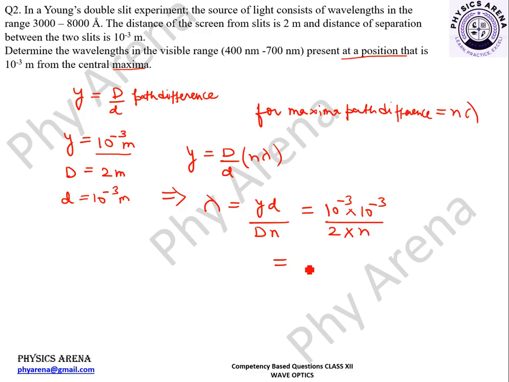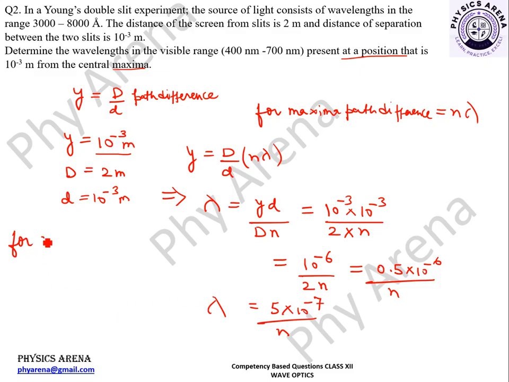That will come out to be 10 to the power minus 6 upon 2, which I can solve further as 0.5 multiplied by 10 to the power minus 6 upon n, or 5 multiplied by 10 to the power minus 7 upon n. So this is the value of lambda present at a distance 10 to the power minus 3 from the central maximum. Now the value of n will decide the value of lambda.